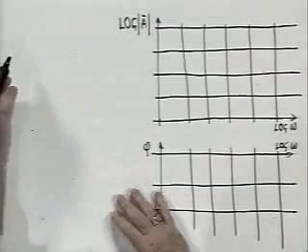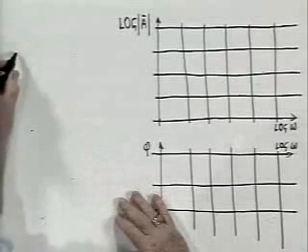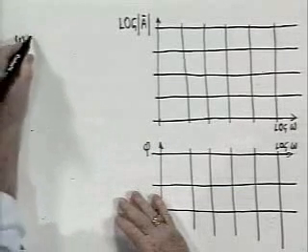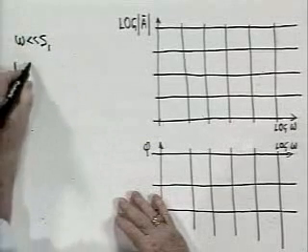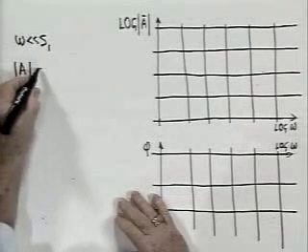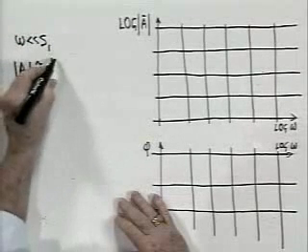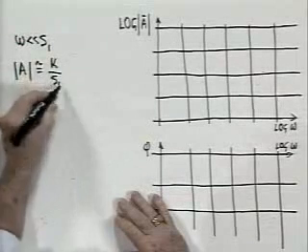Let me just remind you of the conclusions. When omega is much, much less than S1, the magnitude of A is approximately K over S1.